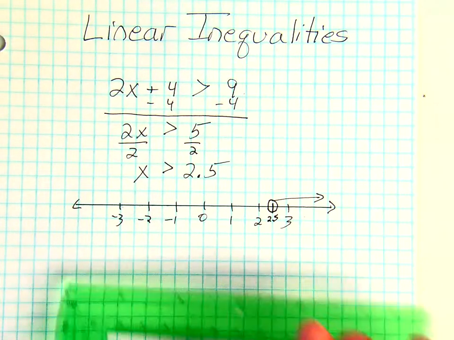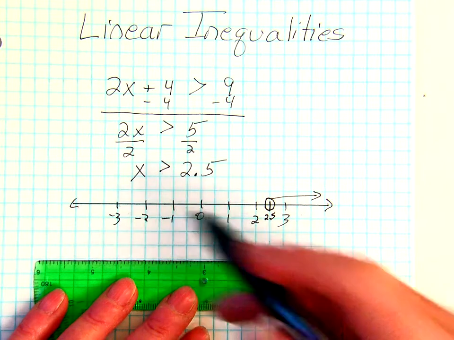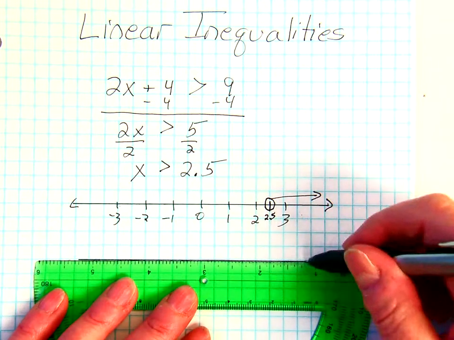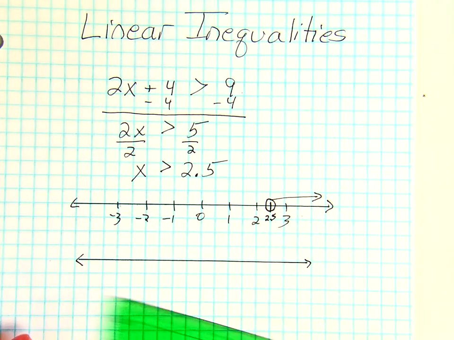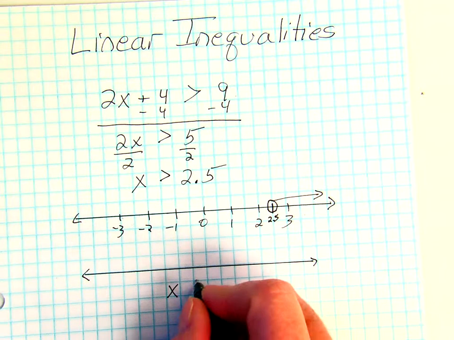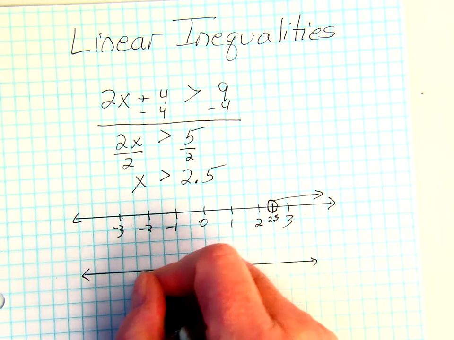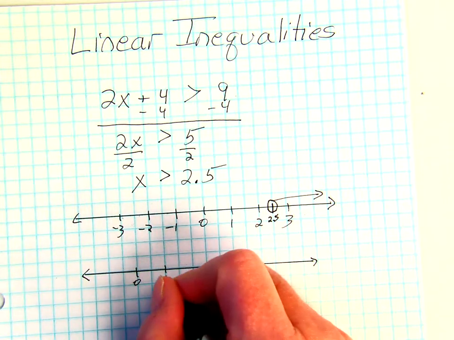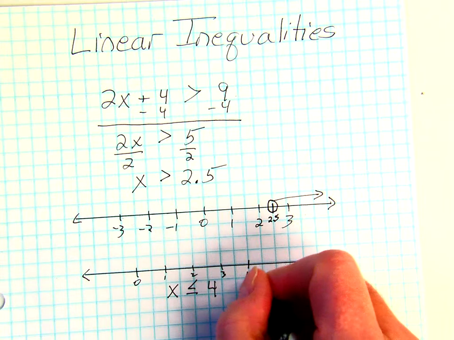As a reminder, when we graphed something that was, let's say, x is less than or equal to 4, here, let's just do 0 here, and 1, 2, 3, 4.